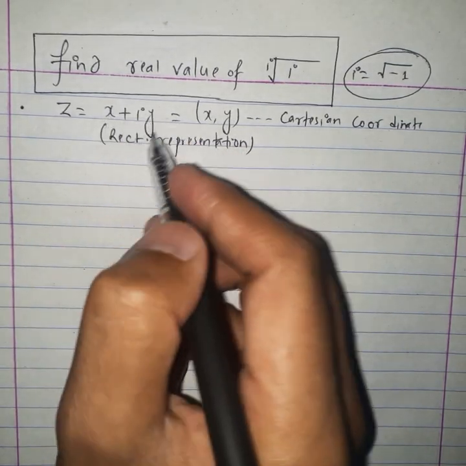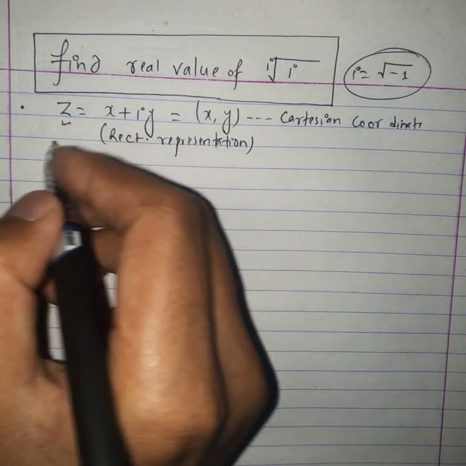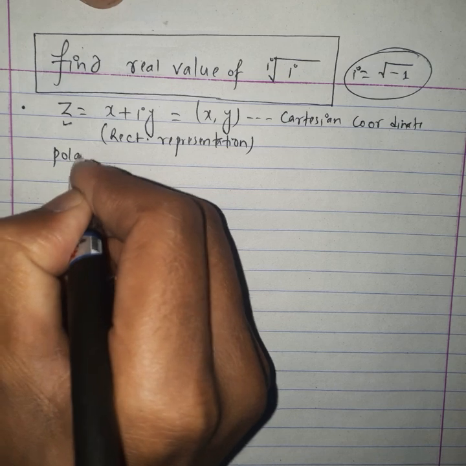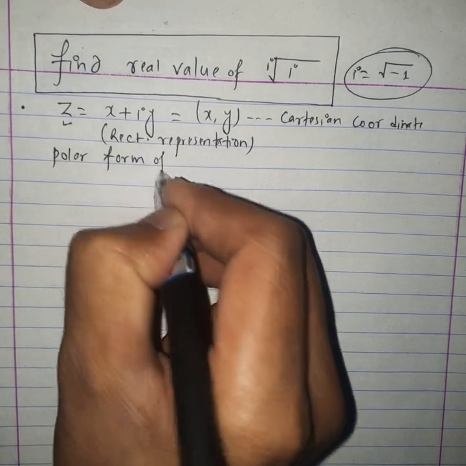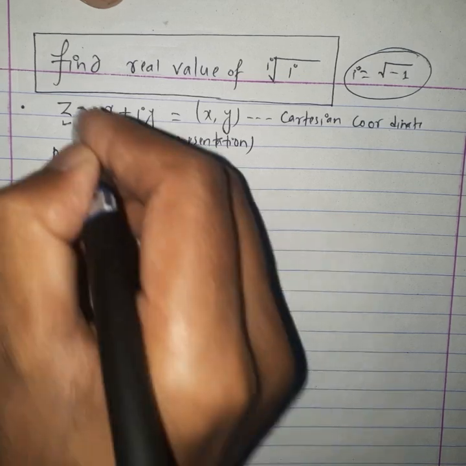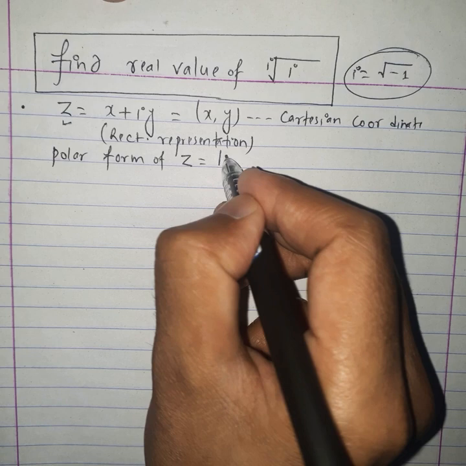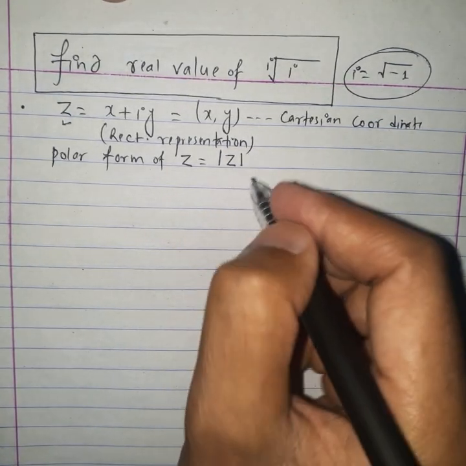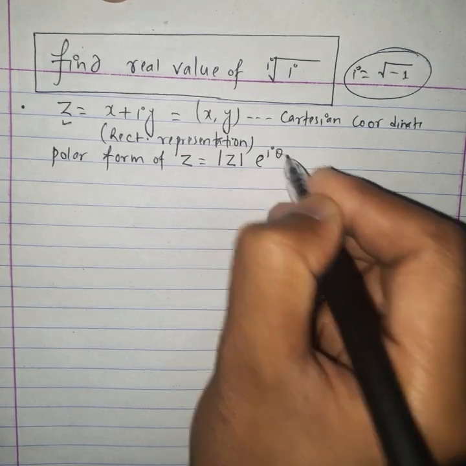This x plus iy is the rectangular representation of the complex number z, and the polar form of the complex number z can be written as the modulus of the complex number times e raised to the power i theta.